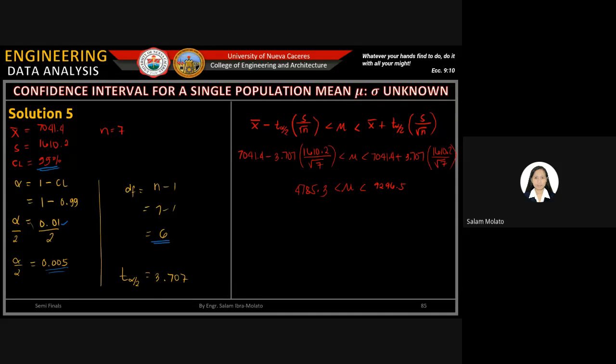All right, so that's the confidence interval of the mean.